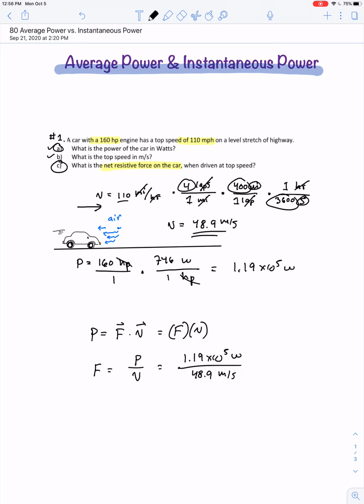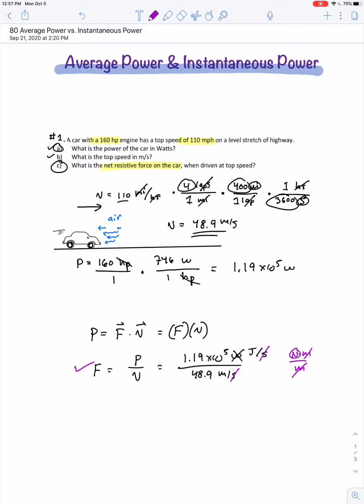48.9 meters per second. But keep in mind that a watt is the same thing as a joule per second. So the seconds cancel out. Now we're left with joules per meter. But a joule is a Newton meter. So a Newton meter divided by a meter just leaves us with newtons, and that works out nicely since we're trying to calculate a force.